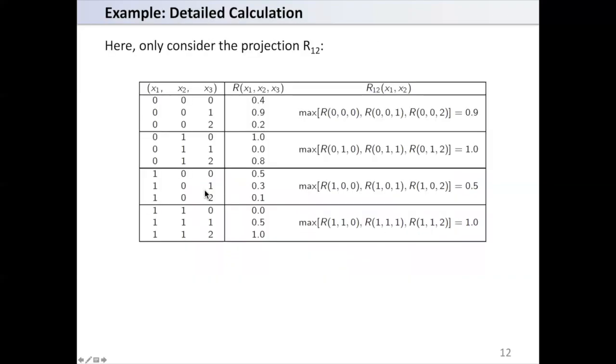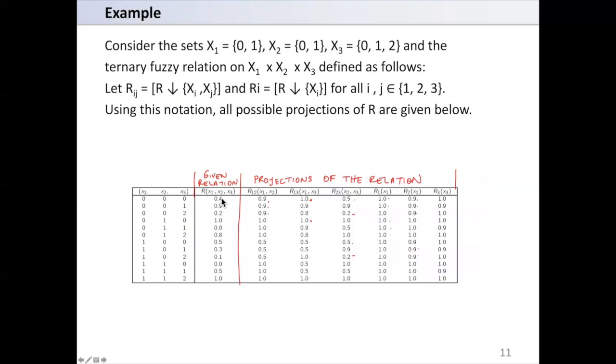Then, for example, we are going to find the projection of R onto R12. R12 is the projection to the x1, x2 combination. For this purpose, notice that we are considering x1 and x2, and x3 is eliminated. We are trying to find the projection on 1, 2.